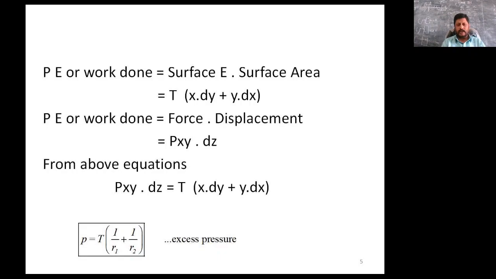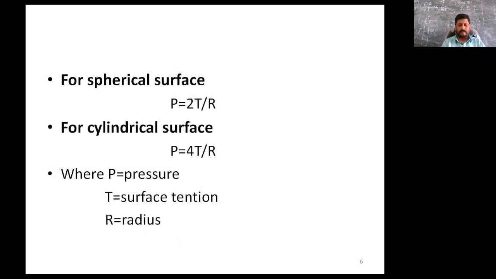Comparing the above two equations, we get P x y dz equals T into (x dy plus y dx). On mathematical calculations and simplification, we will get the final expression as P equals T into (1 divided by R1 plus 1 divided by R2).